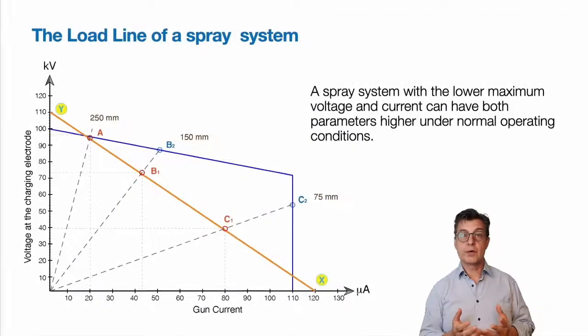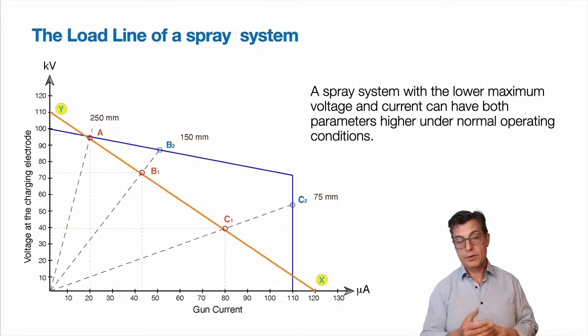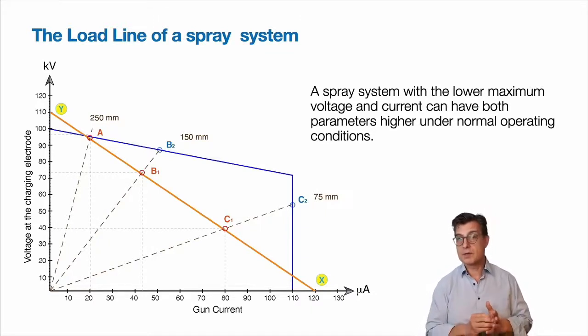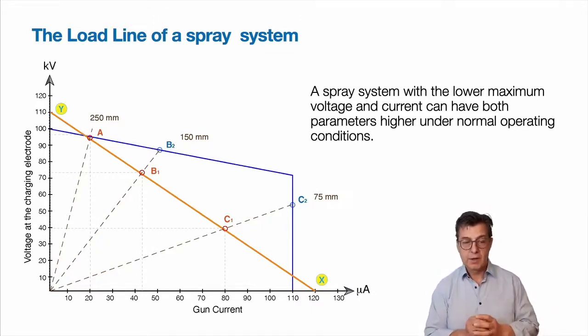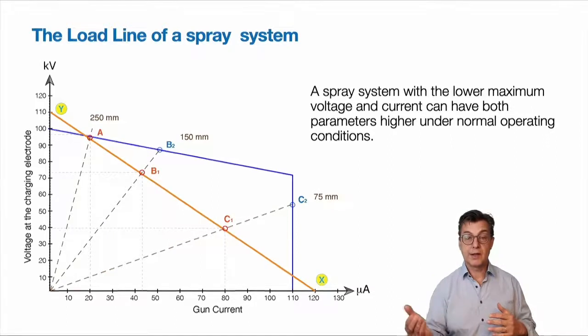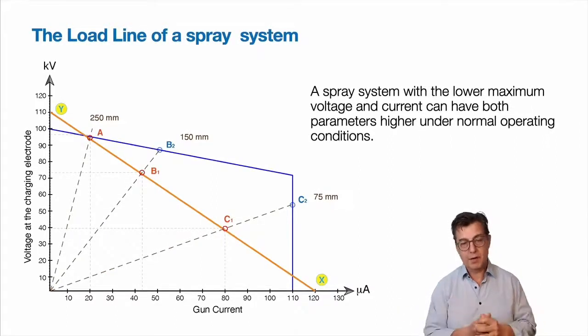I can further illustrate how meaningless they are by showing you these two different load lines. The blue one corresponds to a spray system with the maximum voltage of 100 kilovolt and maximum current of 110 microamps. The orange is representative of a spray system with 110 kilovolt maximum output and 120 microamps maximum current.